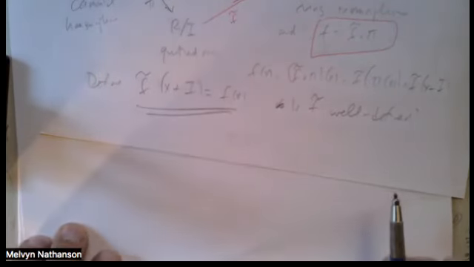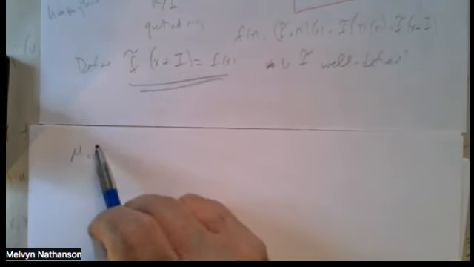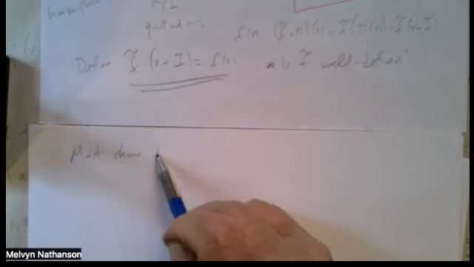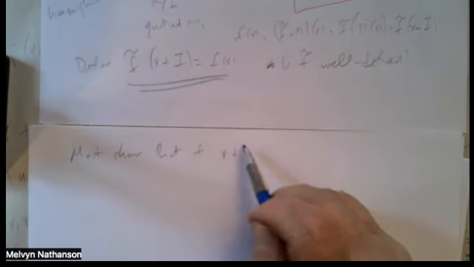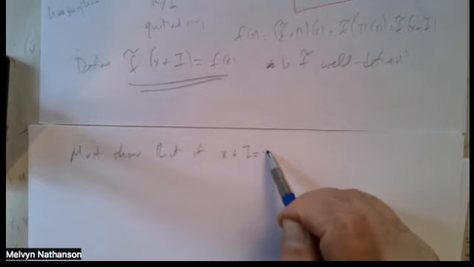So let's think for a second about what this means. So we must show that if x plus I equals x prime plus I, then f of x equals f of x prime. And why is this true?